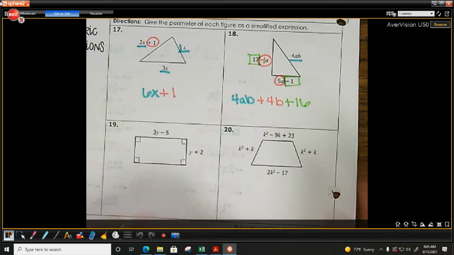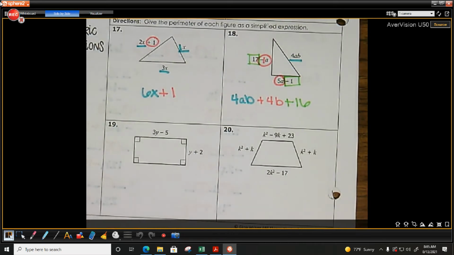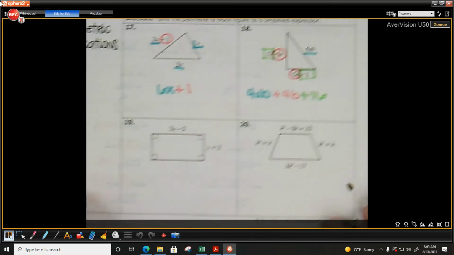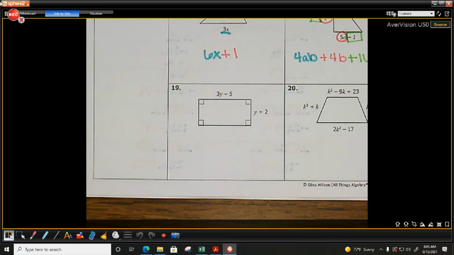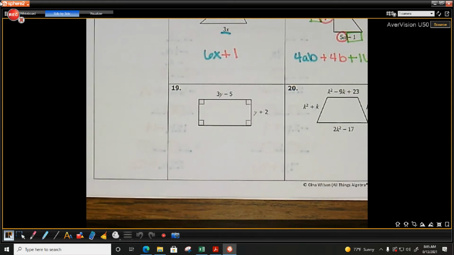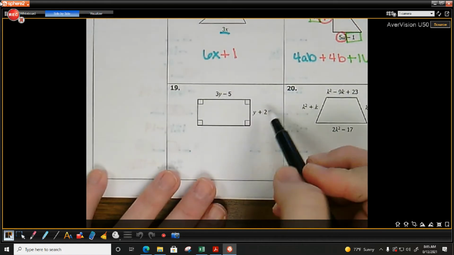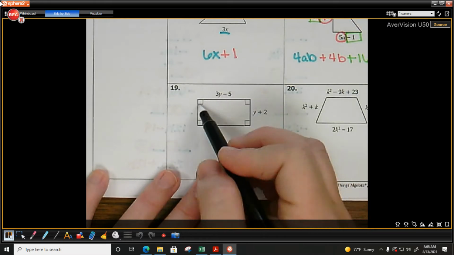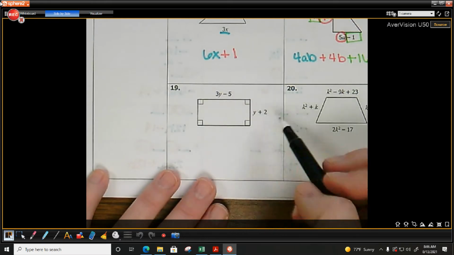Okay. Oh no, this one, not all the sides are labeled. So am I just going to add these two sides? No. This is a rectangle because it has 4 right angles. So if this is y plus 2, what's this side? Y plus 2.